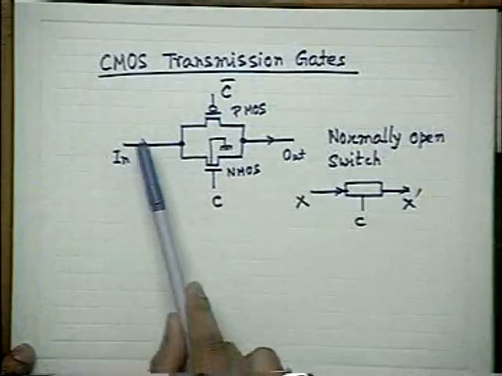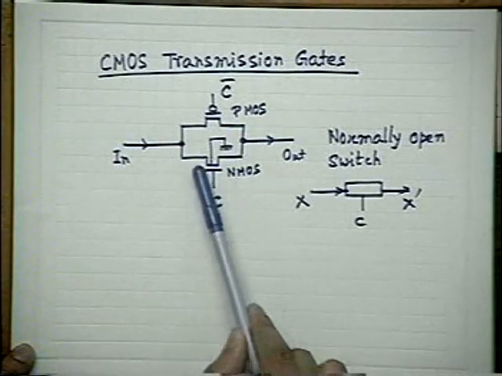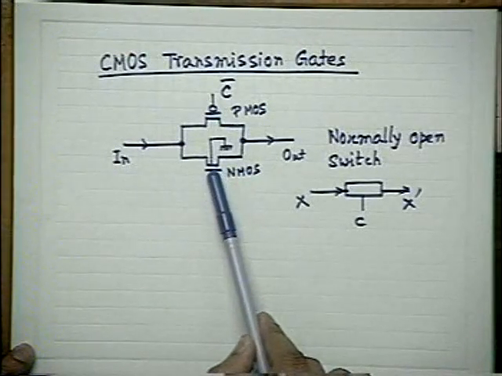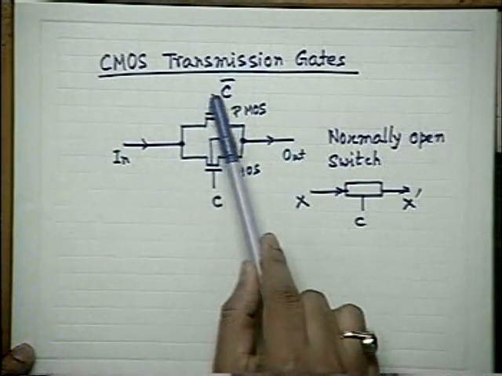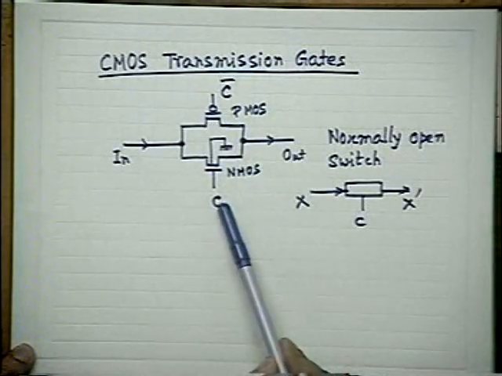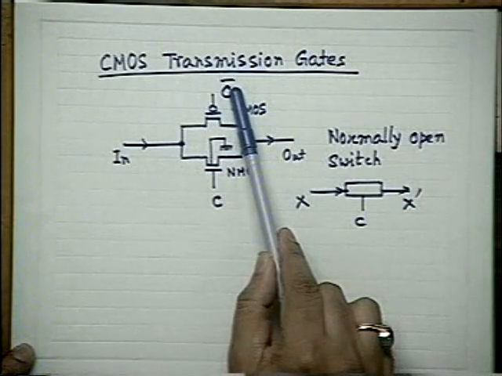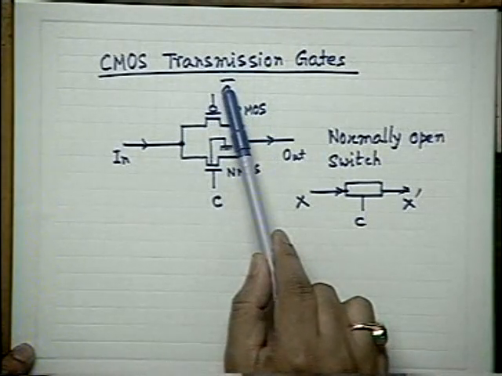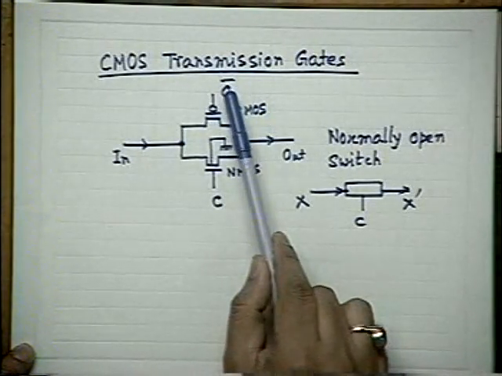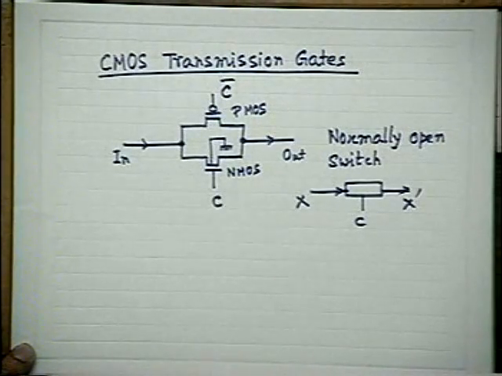Now you see that if C is 0, this transistor is off, naturally. And what about the state of this transistor? C is 0 means C bar is 1. C bar is 1 means? You know that it is a positive logic. I am never applying a negative voltage.